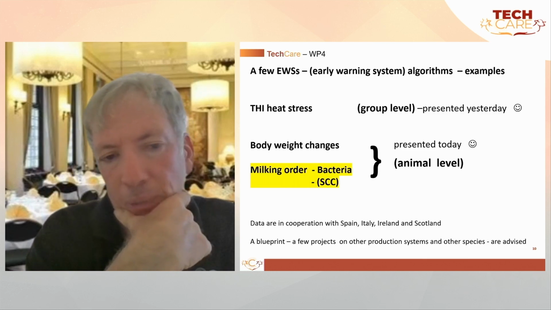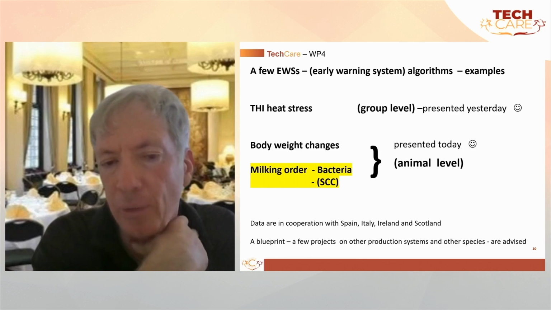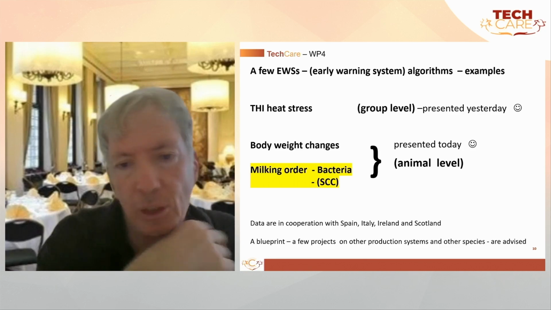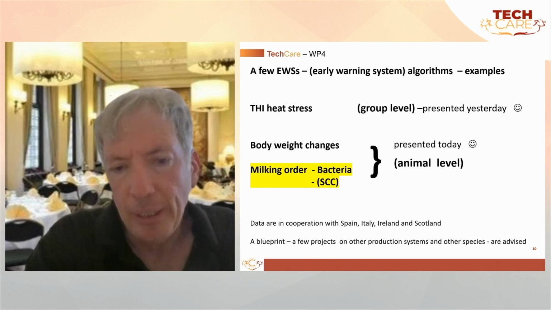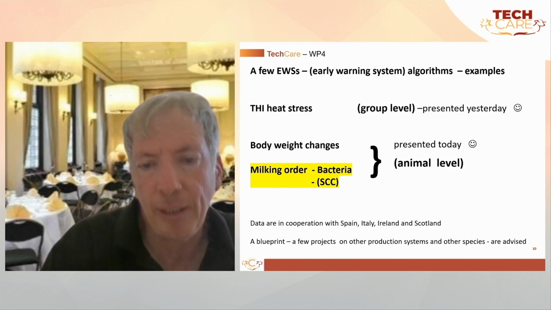The same principle, almost the same models, with different calibration, were used for both the bacteria and somatic cell sensor, and this is on animal level, not on group level. This was in cooperation with Spain, Italy, Ireland, and Scotland.